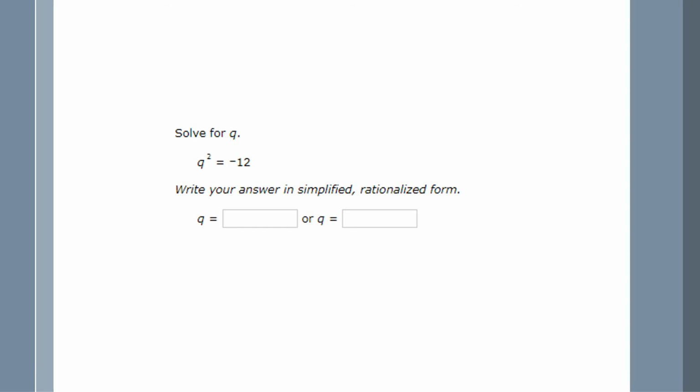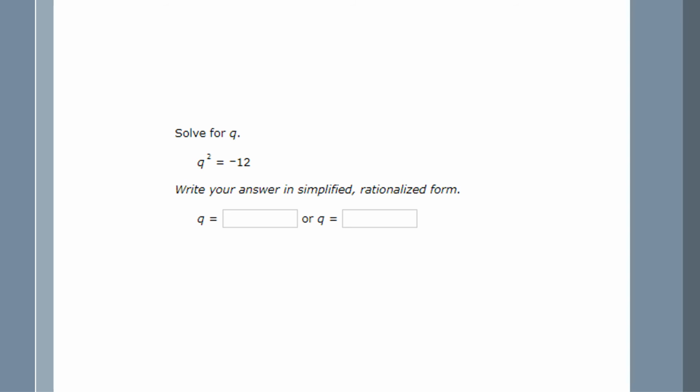Now here, and in some of the previous ones, you want to actually simplify the radical. For example, I'll do this one with you, how about that?